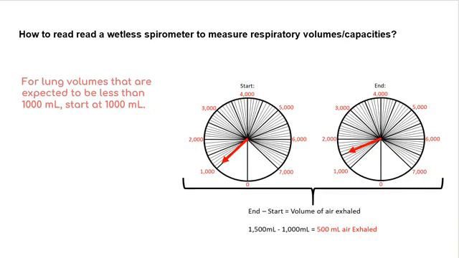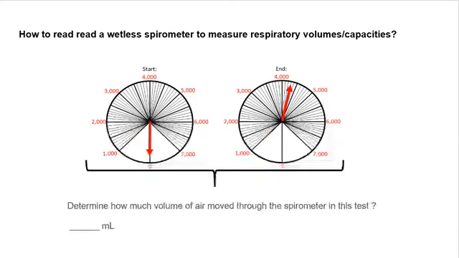Okay, but as I mentioned, for lung volumes that are expected to be more than 1,000 milliliters, you can set up your starting point at 0. So one more time, your starting point is 0. Look at your starting point, and then that would be your ending point. Look at this. We have 4,000, 5,000. Between these lines would be 4,500.